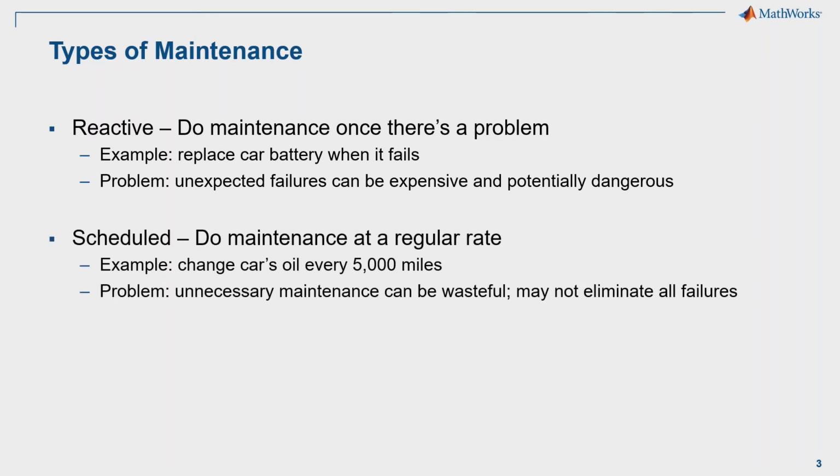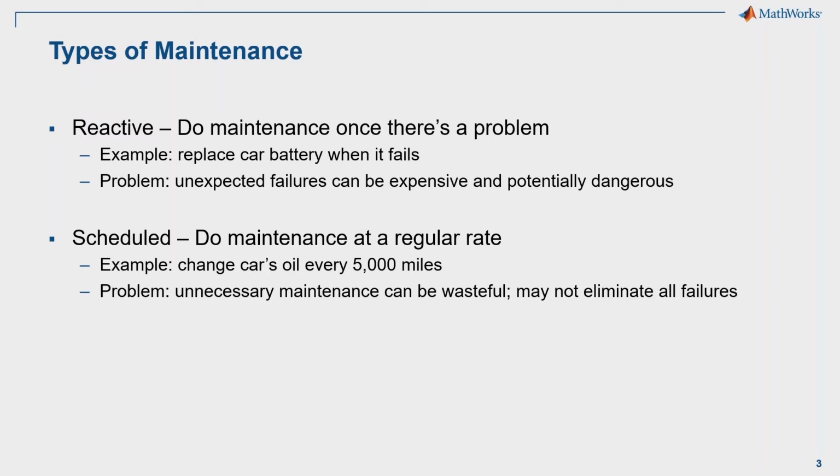Another approach, and one that's pretty widely used, is scheduled maintenance. So we're just going to do maintenance at a regular rate. For instance, you might change your car's oil every 5 or 10,000 miles, depending on the car. Once again, turning to the aircraft example, every so many flights, you just bring it down for maintenance no matter what. Now this can be helpful, right?